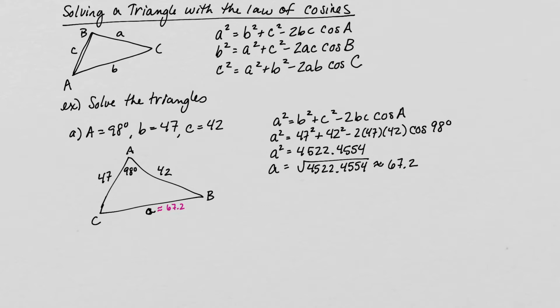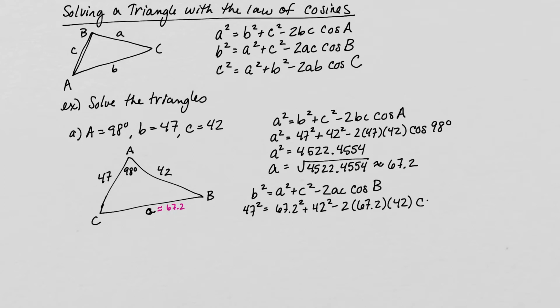So if I try to find angle B, we're going to use b squared equals a squared plus c squared minus 2ac cosine of B. So 47 squared is going to be 67.2 squared plus 42 squared minus 2 times 67.2 times 42 times the cosine of B.